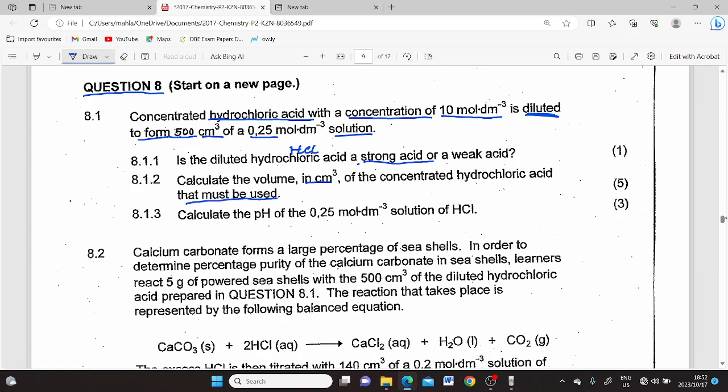Now, once I say in centimeter cube, what are we having? A dilution. So once we are diluting, we can use a dilution formula. We'll have a container here and then another container here.